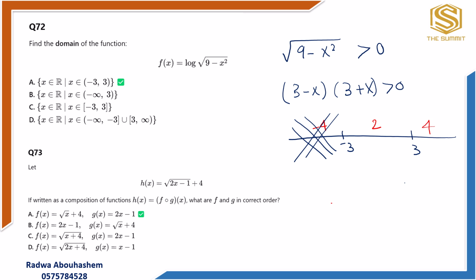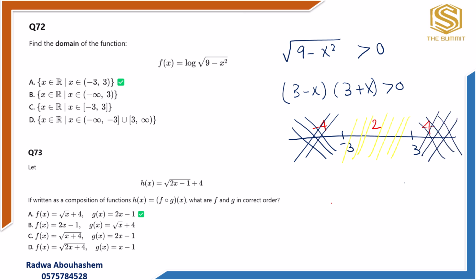Now, 2 squared gives me 4. 9 minus 4 gives me 5. Yes, so I am going to take this part. Totally correct. Okay, let's pick the 4 now. 9 minus 16 again gives me negative 7, so I have to cancel this part.